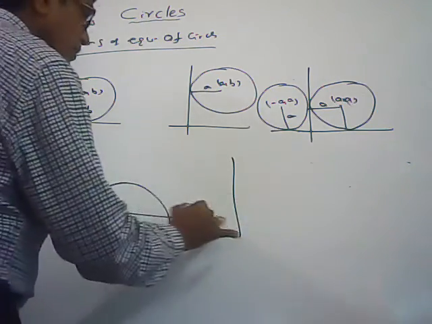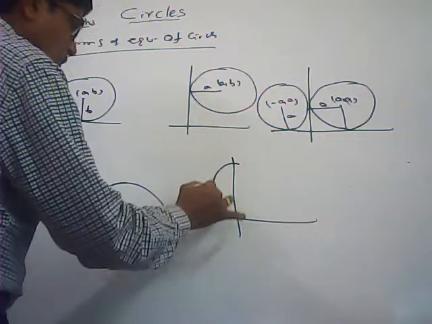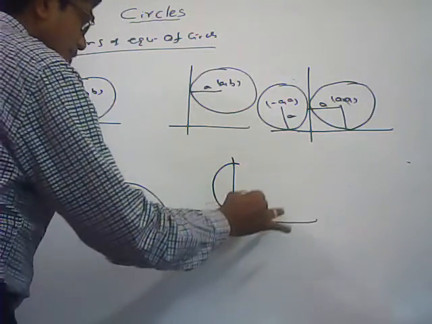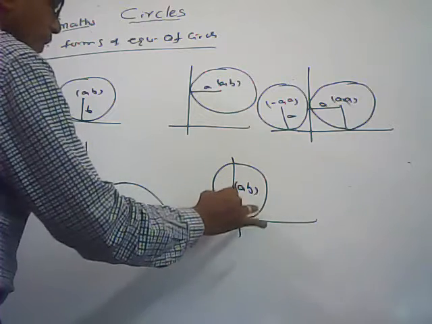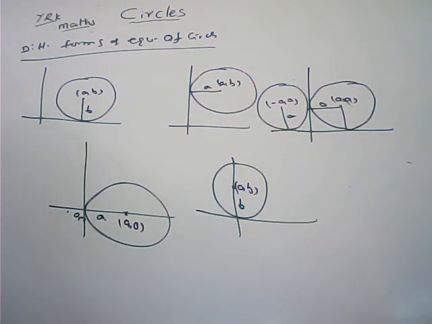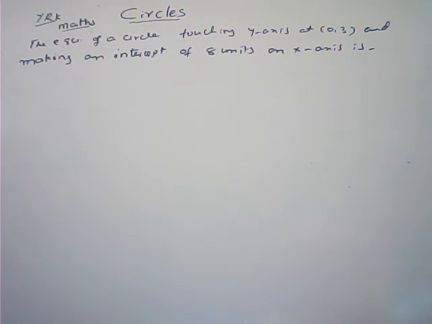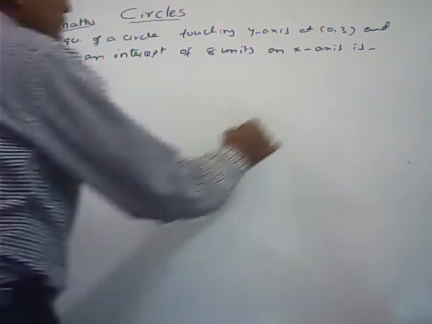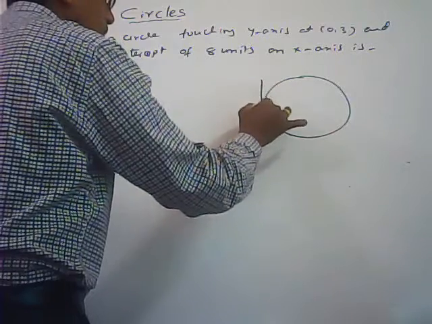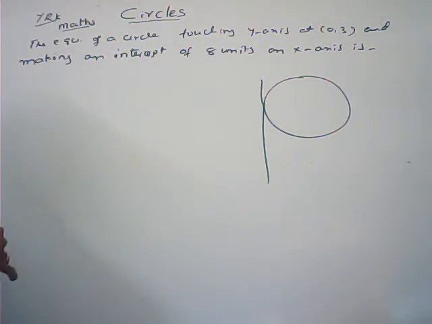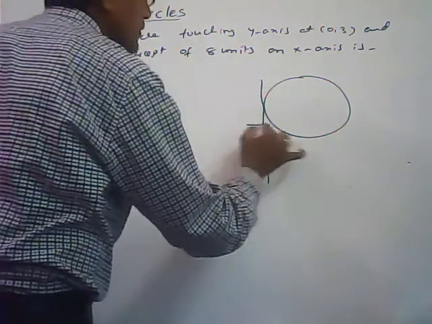And when the circle passes through the origin and touches the x-axis at the origin, the center lies on the y-axis; if I take the center 0 comma b, the radius equals b. Next, the equation of the circle touching the y-axis at 0 comma 3 and making an intercept of 8 units on the x-axis.